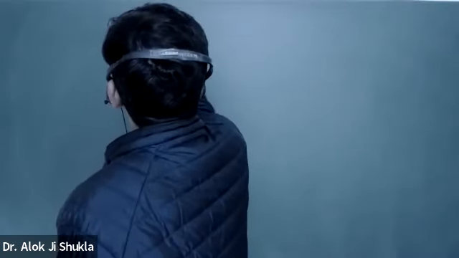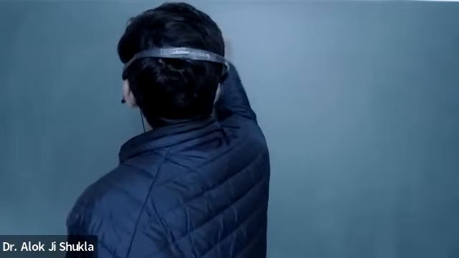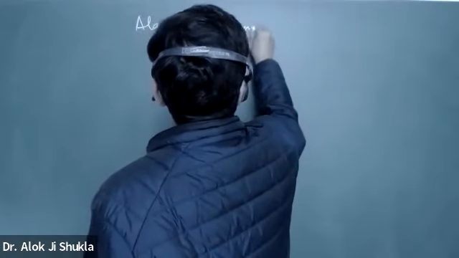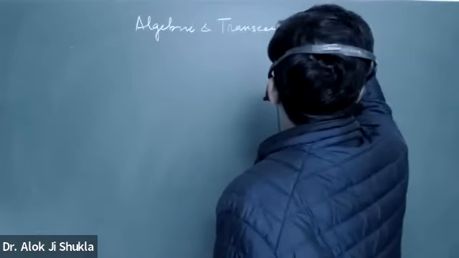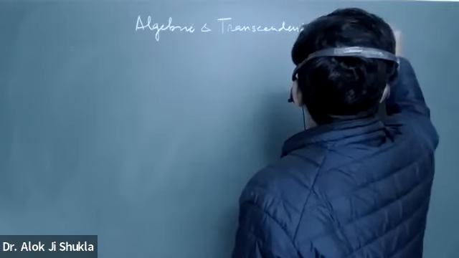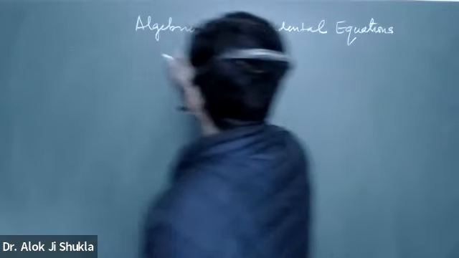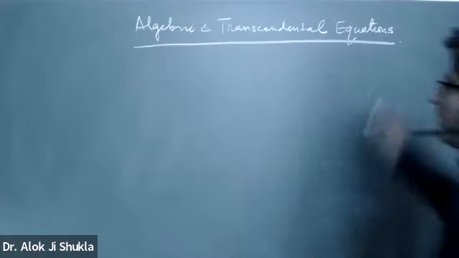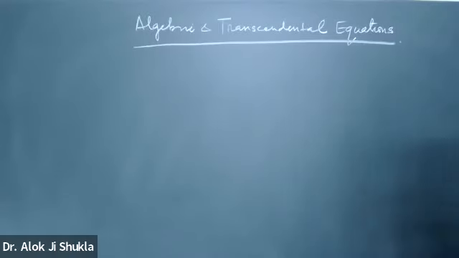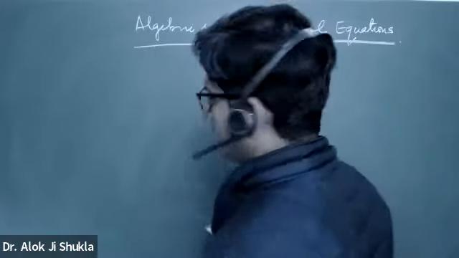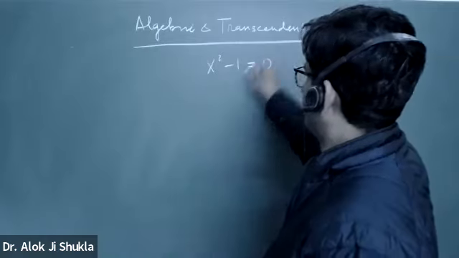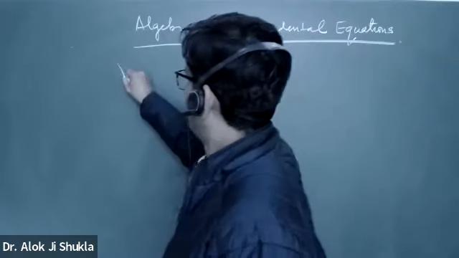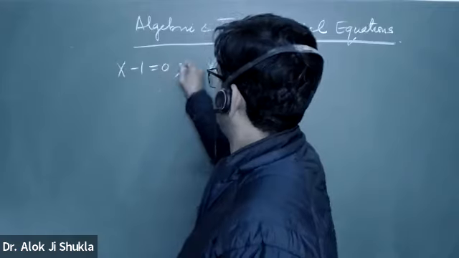तो पहला है algebraic and transcendental equations। इसे जरा मैं ये भी क्लियर करने की कोशिश करूंगा कि कैसे जरूरत पड़ती है न्यूमेरिकल टेक्निक की। So like suppose you have the equation x square minus 1 is equal to 0, and x minus 1 is equal to 0.